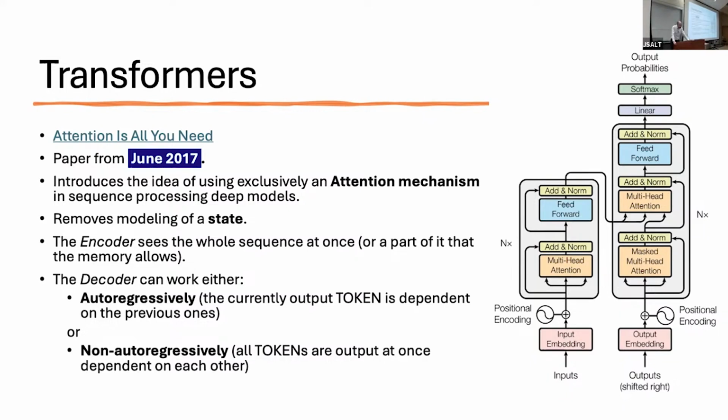So actually the decoder is asking, "Hey, I have these questions, encoder. What are your answers?" And the encoder tells it, "Okay, these are my answers to your questions." And you have a masked multi-head attention down there. The masked part is just for the autoregressive versions of the decoder.